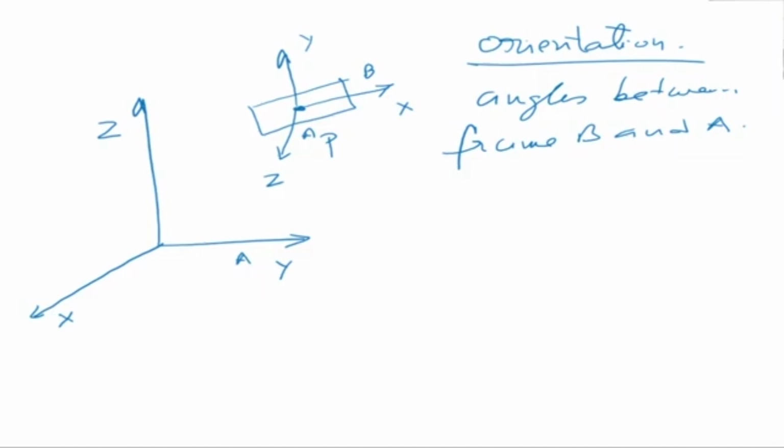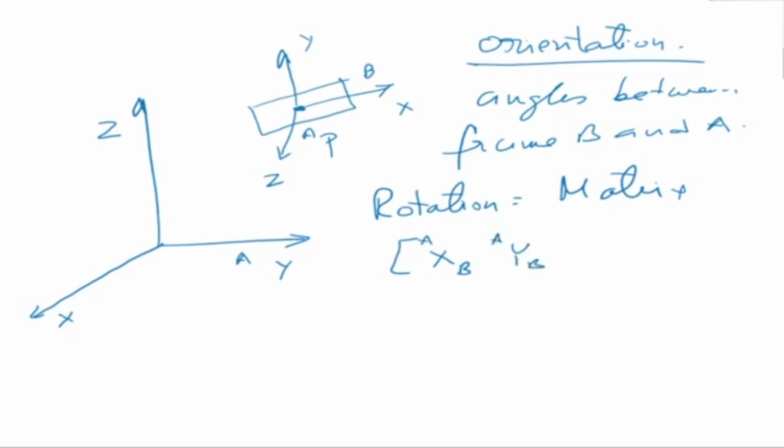Now, position is defined by three coordinates, whereas the rotation of a body is represented by a matrix. Please note this, that the rotation is a matrix. What does this matrix contain? This matrix contains the x-axis of B with respect to A, then the y-axis of B, and the z-axis of B with respect to A.